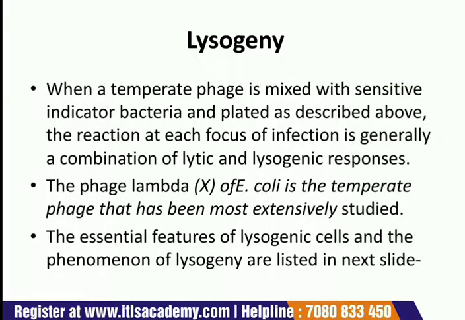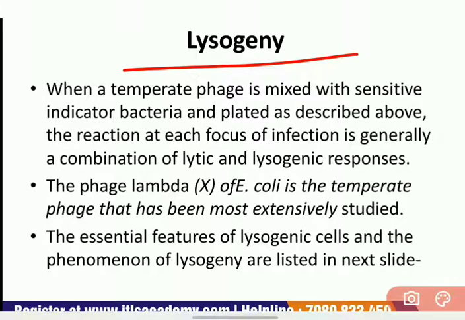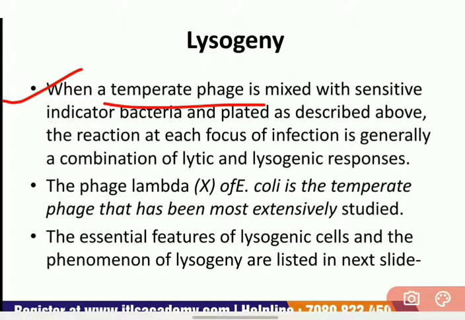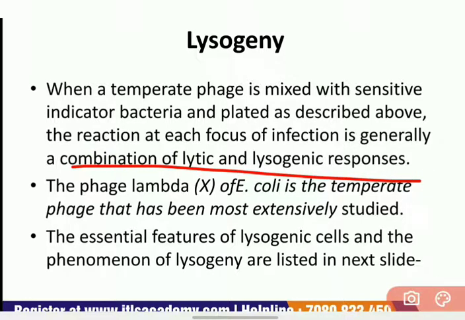Next cycle of growth is lysogeny. When a temperate phage is mixed with sensitive indicator bacteria and plated as described above, the reaction at each focus of infection is generally a combination of lytic and lysogenic responses.